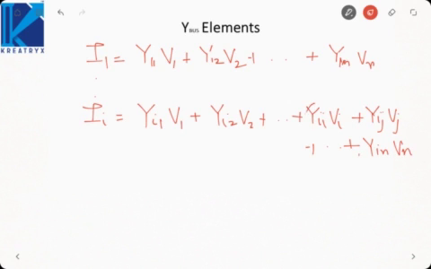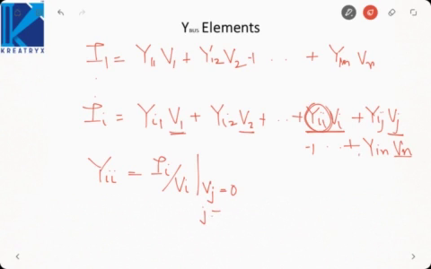Now if I want to find Yii from this equation, what is the method? You just equate all the voltages to 0 except Vi. Then all these terms will go to 0. What will remain is Yii into Vi. Then Yii will become Ii upon Vi when all the voltages Vj where j is not equal to i are 0.